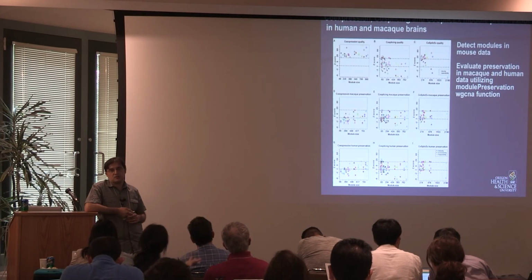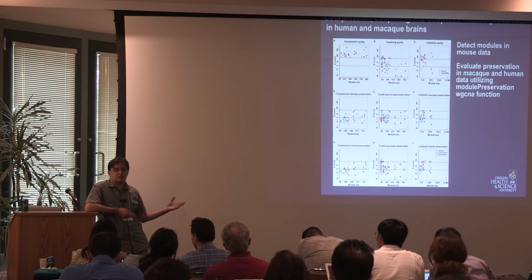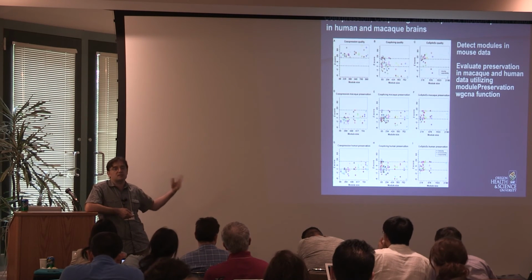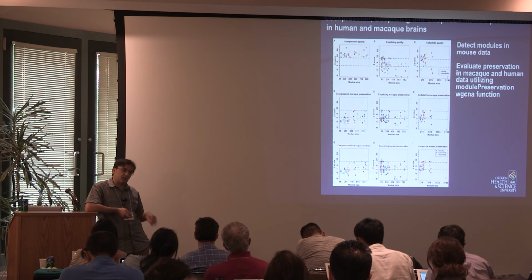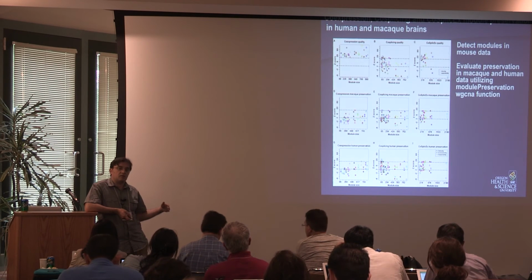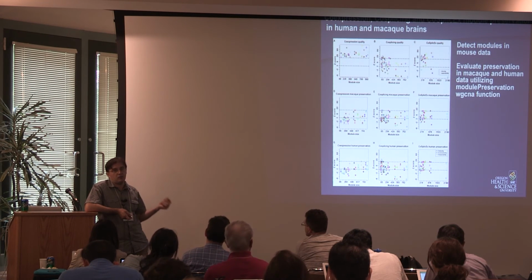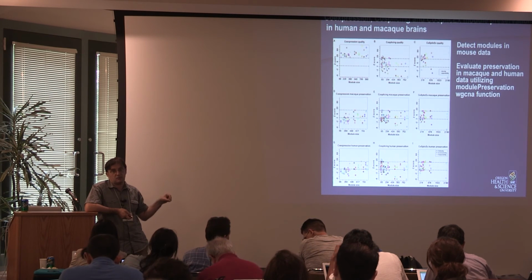Okay. So the question is, if you use different regions, some of them more preserved across species, would you see this? This is a more general question about module preservation versus module differences. It's my understanding that you can have both module preservation and module disruption in the same data, and both will be statistically significant.